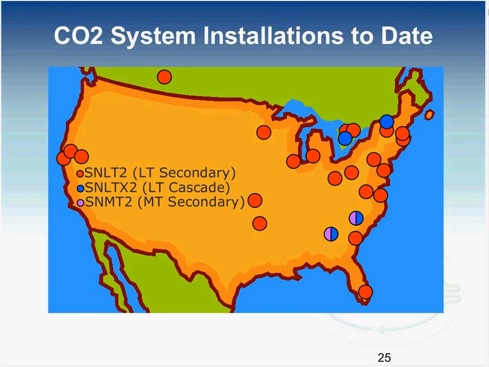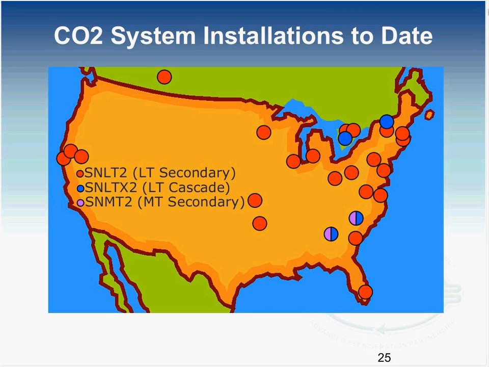And then here's a shot of some of the installations that we've had. The red dots there are what we've been talking about, using CO2 as a low temp secondary fluid. The blue dots are the DX Cascade installations, and the blue and purple combination there are using DX Cascade coupled with medium temp secondary CO2.